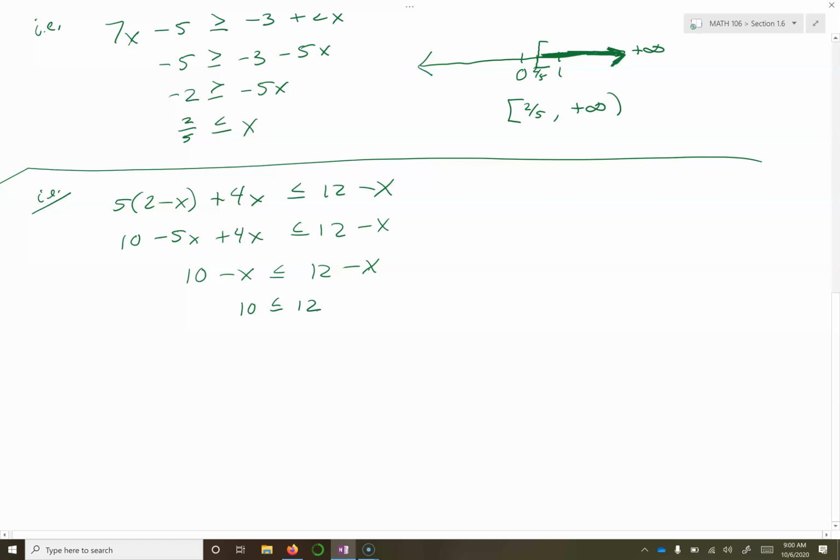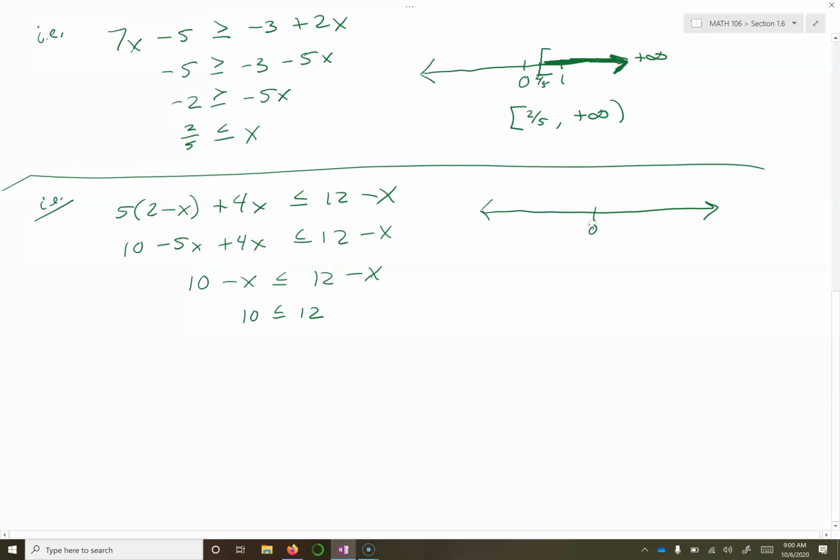So yeah, that's true. So what this means is no matter what x value you plug into this inequality, that's always what you're going to get at the end. So this inequality is always true regardless of the value of x. So if I wanted to write this on a number line, maybe I'd mark the 0, but what I'm going to do is shade in the whole thing because it doesn't matter what x value I put in.